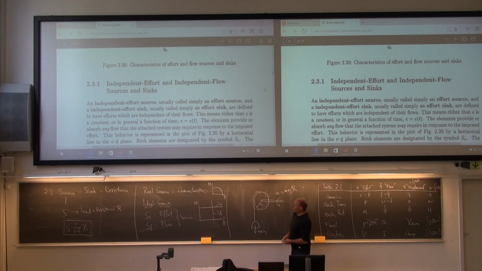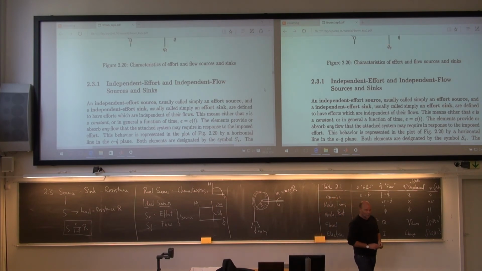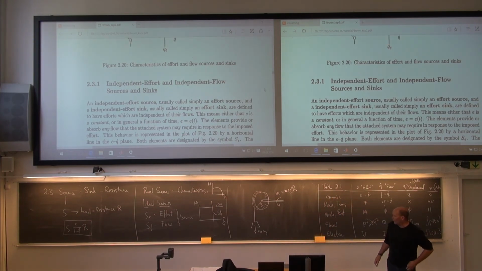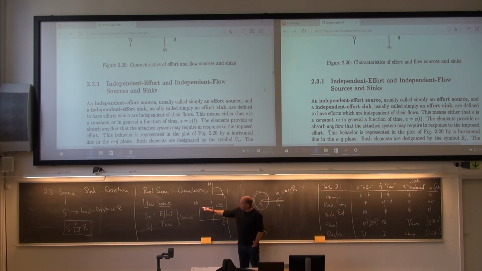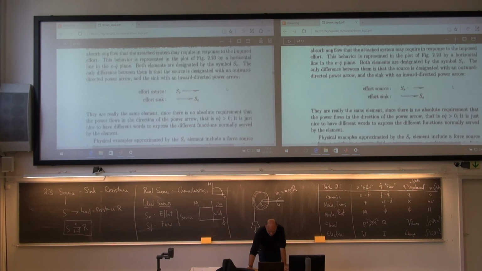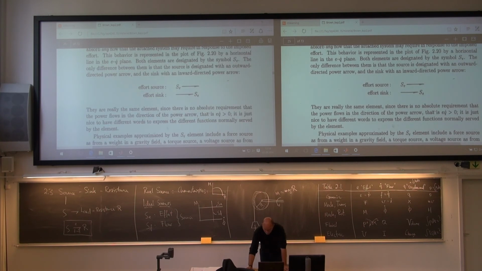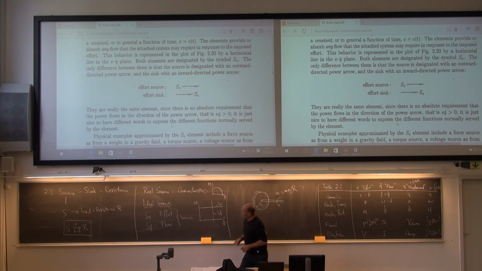So ideal means independent of the other variable. Effort can give you a torque regardless of rotational speed. It is independent of the speed, while the flow source is independent of the effort, of how heavy it is. It doesn't care about that. So for effort sources, we have a small e, for flow sources, we have a small f.